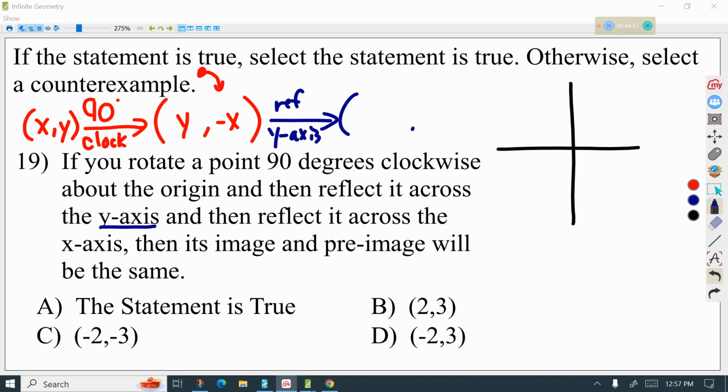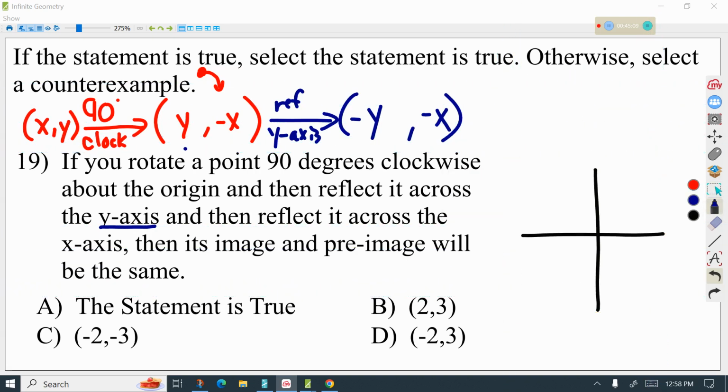Reflecting across the y-axis, we just saw that this value is going to change to negative. So right now we've got (negative y, negative x). And then we can see what happens if I do the last part, and then reflect it across the x-axis. Well, we saw earlier that when we reflect across the x-axis, the y-coordinate changes to the opposite sign.